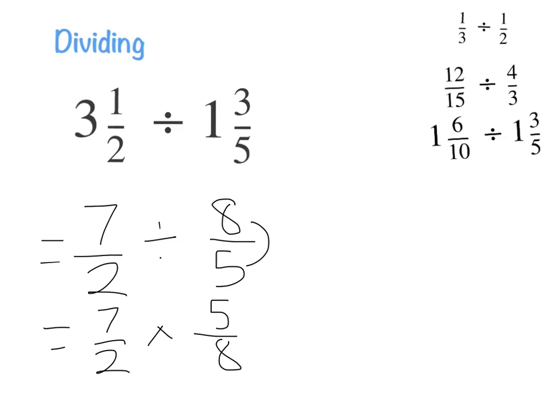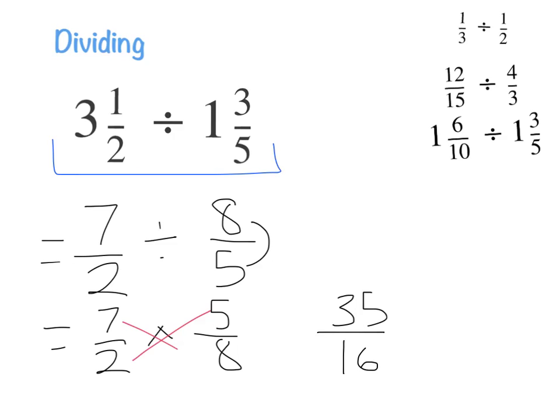Check to see if I can cross simplify. Nope, they have no relationships. So 7 5s are 35. And 2 multiplied by 8 is 16. Okay, I get my answer as a mixed numeral here. I must provide my final answer as a mixed numeral. 16 goes into 35 how many times?